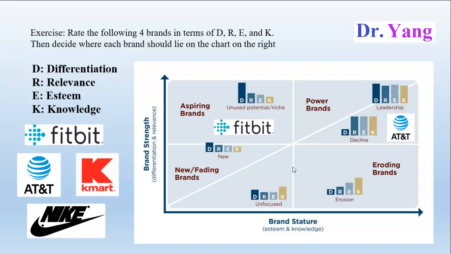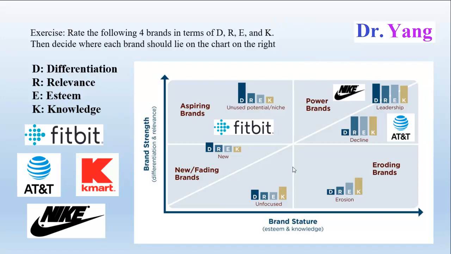Because it's a very famous brand and has been in the industry for many years, it has high relevance, high esteem, and very good knowledge. But AT&T has a lot of competitors now, such as Verizon and T-Mobile, which means its product is not very different from other competitors, which is why this brand is on the decline.